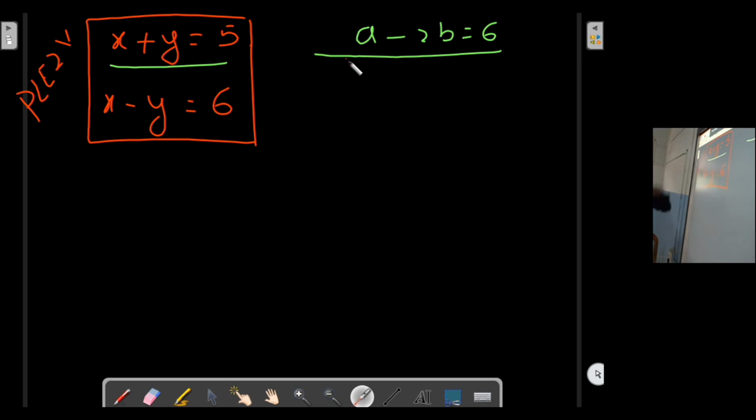I am discussing not a single equation but a pair. So how many solutions exist? That is what we are going to discuss now.